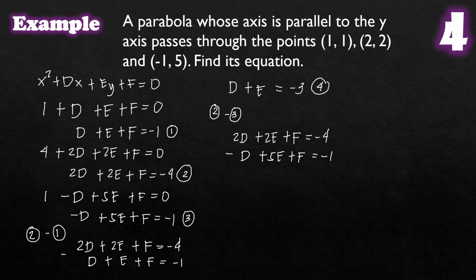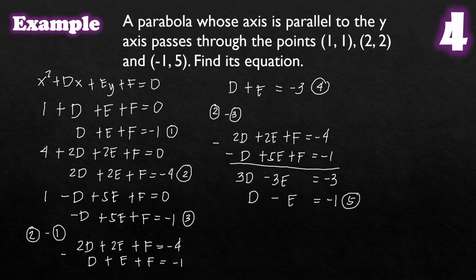Subtracting these two equations term-wise, we will have 2d minus negative d, that will be 3d. 2e minus 5e, that will be negative 3e. f minus f is 0. Negative 4 minus negative 1, that will be negative 3. All terms can be divided by 3, so we will have d minus e equals negative 1. Let us call this our equation 5.